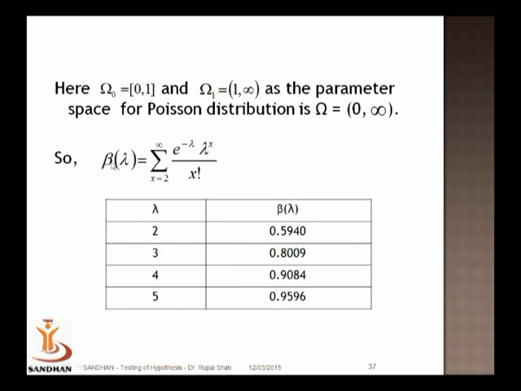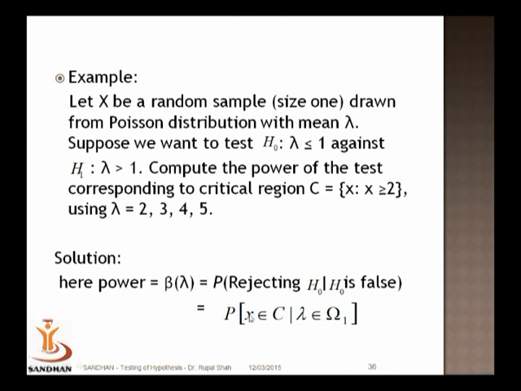Now to compute the power, as we can see from here, it is the probability that x belongs to C. X belongs to C means the probability that x is greater than or equal to 2. The possible values of x are 0, 1, 2, 3, 4, 5 up to infinity, so greater than or equal to 2 means x can take the values 2, 3, 4, 5 up to infinity.